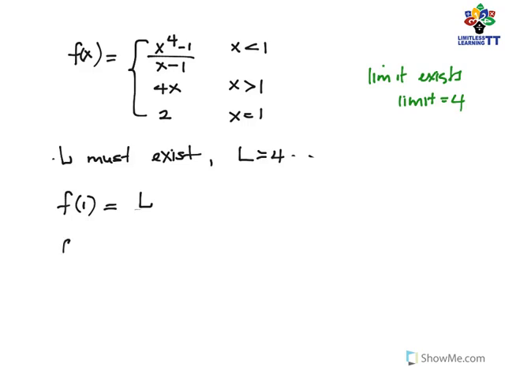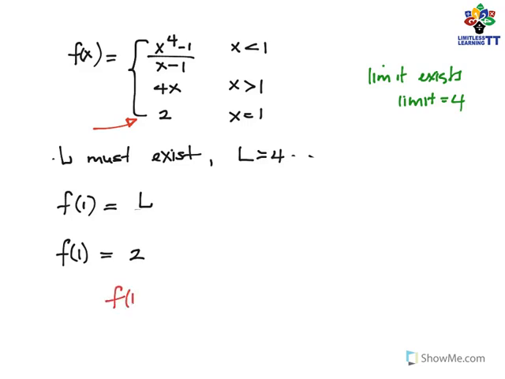Right? If I'm looking to find f of 1, it's going to be looking at the function when x is equal to 1, which is 2. This part right here. When x is equal to 1, f of x is equal to 2, so therefore f of 1 is equal to 2. However, 2 is not equal to L, right?